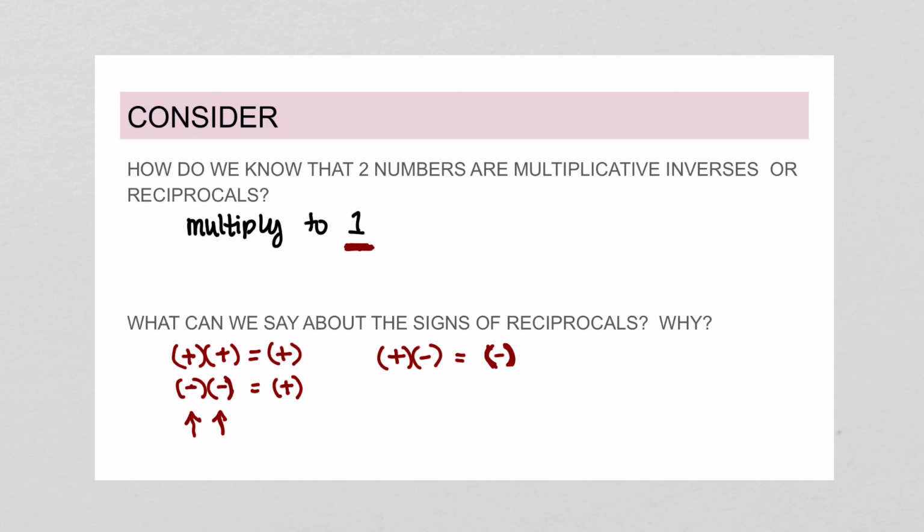So what can we say about the signs of reciprocals? Well, we know that they have to have the same sign as the original term, right? And why is that? Because we're looking for positive 1 as the answer. So in order to do that, the signs both have to be positive or they both have to be negative.